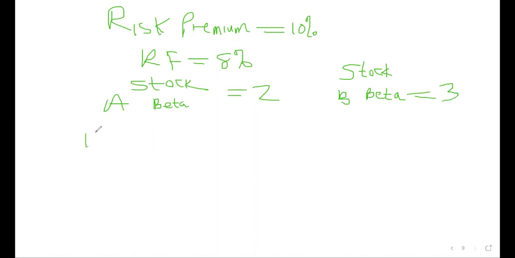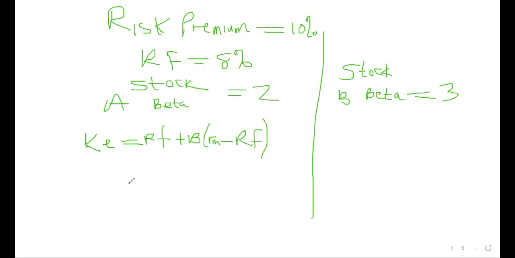So the cost of equity for A is equal to risk-free plus beta times the return of the market minus risk-free. So our cost of equity is the risk-free, 0.08, plus beta of 2 times the risk premium, which is 0.1.